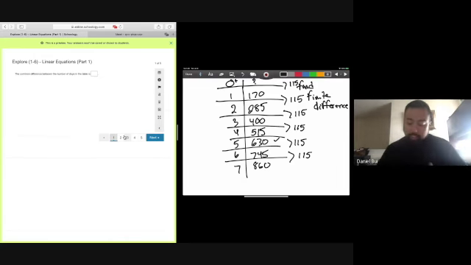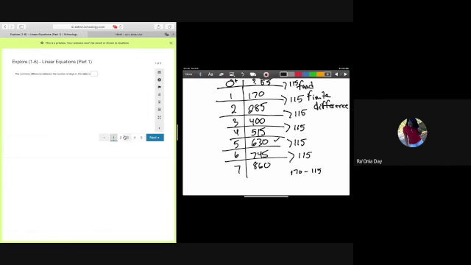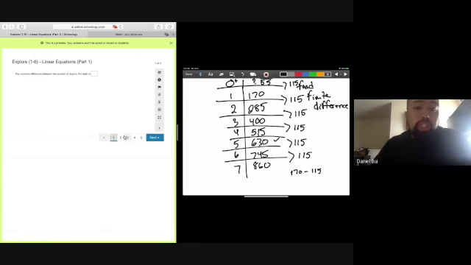So you're going to find the 0th term by subtracting 170 minus 115. And if I do that, that's going to be 55. Cool. I'm going to leave this table up so you can look at it. Okay. So let's look at question number one.